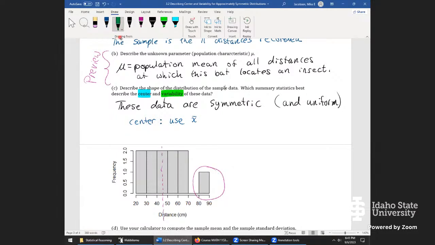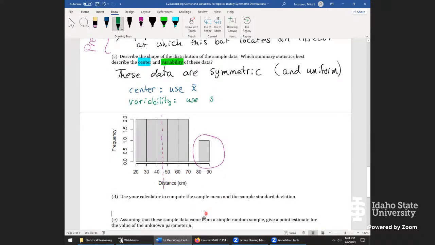And for variability, or how spread out it is, we will use S, the sample standard deviation. So that's what we'll be doing right next on part D. Any questions or comments so far?